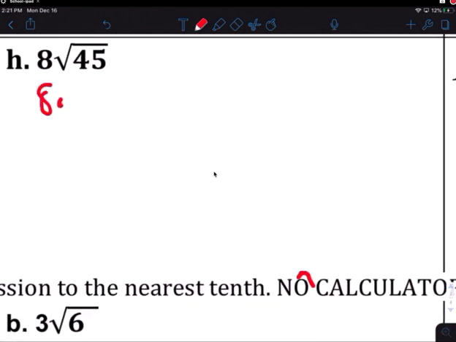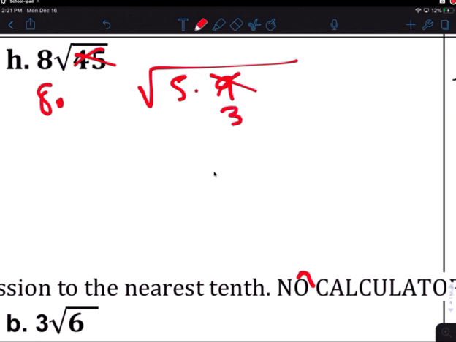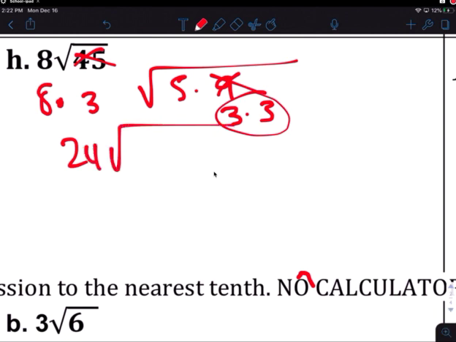This is 8 times whatever the square root of 45 here. So let's just cross this out and do 5 times 9. This is 3 times 3. You got 3 to the first, or just 3. So you get 24. And here's the only thing left.